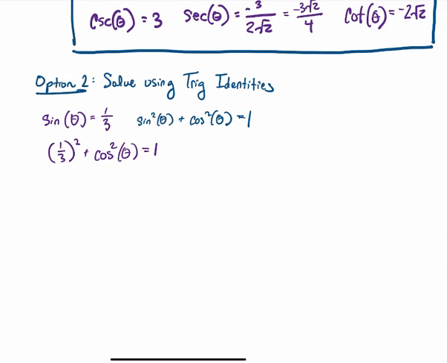So that'll be 1 over 9, 1/3 squared. So let's subtract that over to the other side. Cosine squared should be 1 minus 1 over 9. So let's turn that 1 into 9 over 9. So 9 over 9 minus 1 over 9 is 8 over 9.